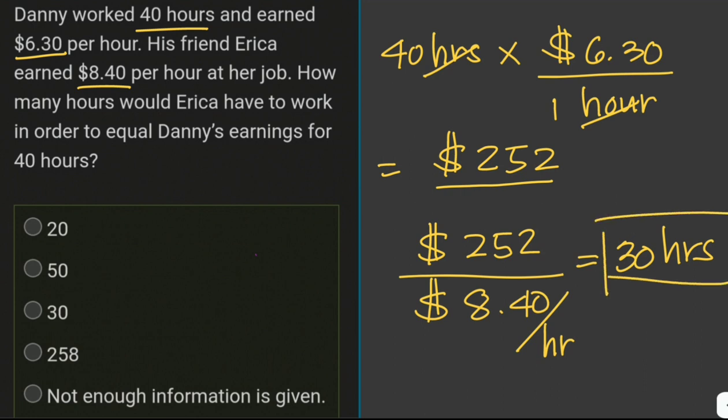So it would take Erica 30 hours to earn the same amount as Danny, which is $252, with her earning of $8.40 per hour. So the answer is this one.